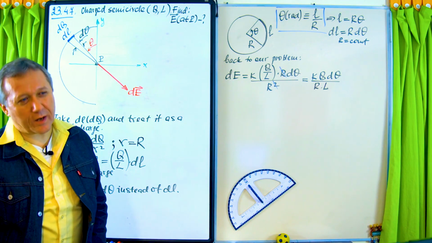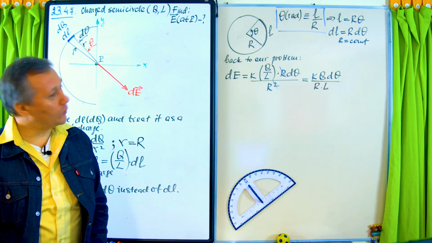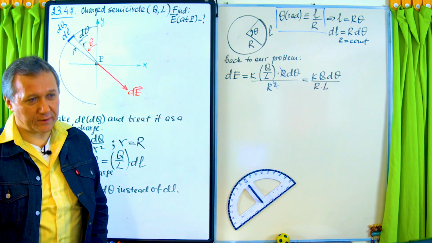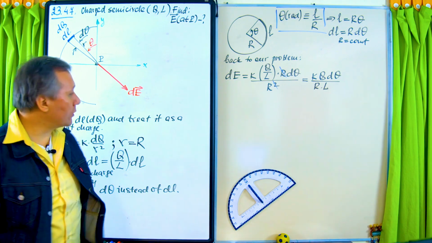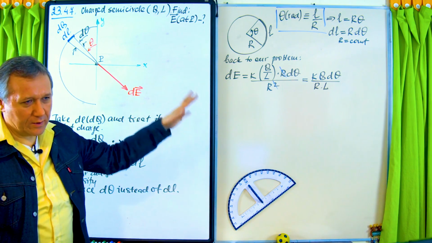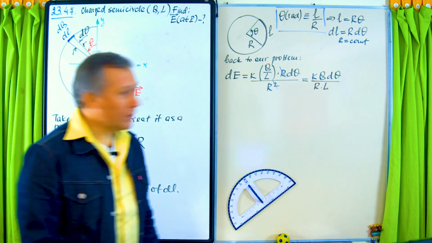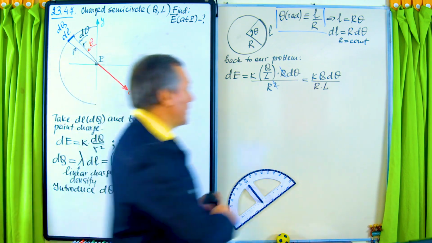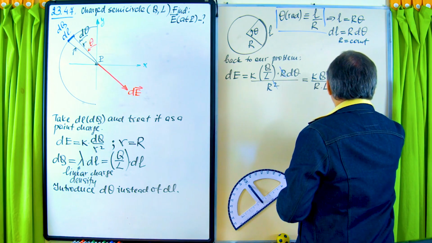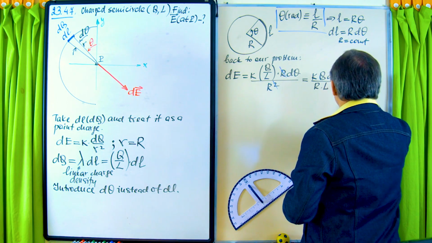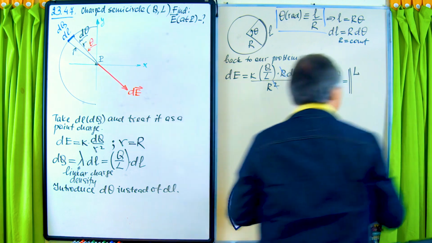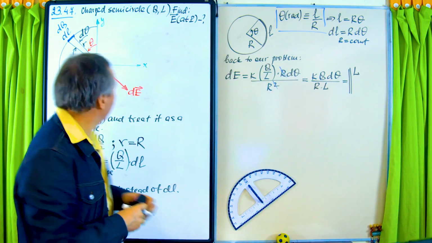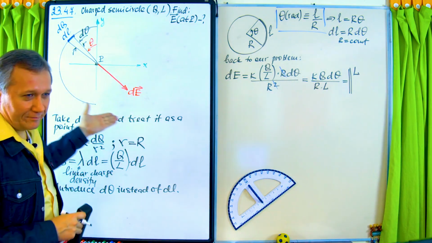Okay. So now, of course, r is not given. L is given. So we need to get rid of r and write it in terms of L. Of course, we could have done it from the very beginning, but I felt it's better after we went through these transitions. So now let's replace r. L is the length of the semicircle.